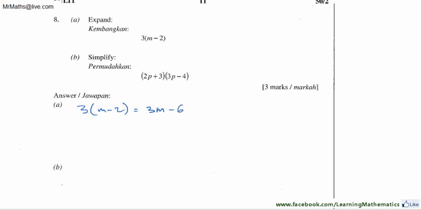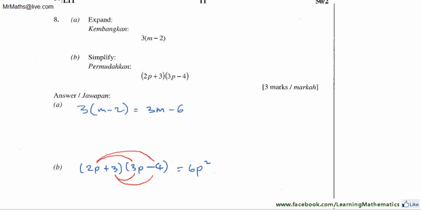Simplify b. Simplify 2p plus 3 multiply with 3p minus 4. So we want to multiply these two brackets. 2p multiply with 3p, and then 2p multiply with minus 4, and then 3 with 3p, and then 3 with minus 4. So 2p and 3p becomes 6p squared.